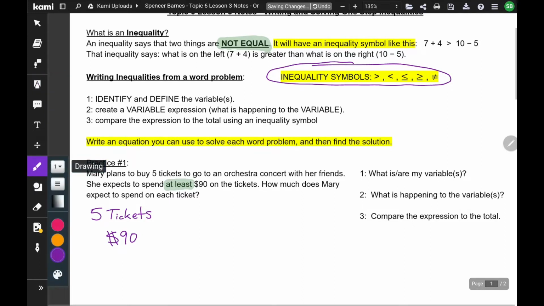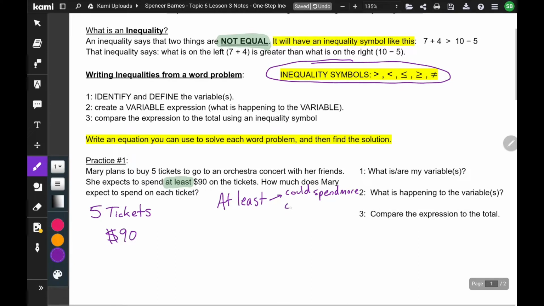Now, what does at least mean? Well, at least is going to tell me that they could spend more than $90. They could spend more, or if they're spending at least $90, they could spend exactly $90.